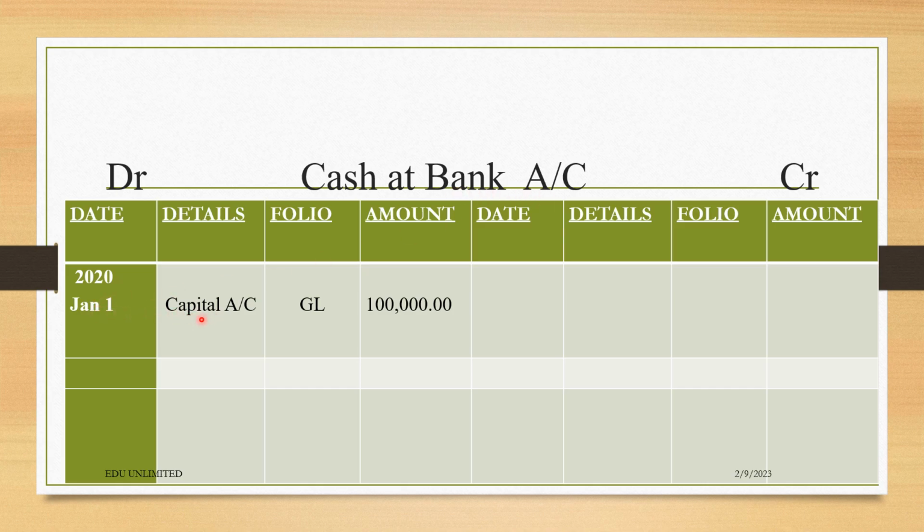On the debit side, January 1, 2020, the details would be capital account and the folio would be general ledger, because the capital account is recorded in the general ledger, and under the amount column we'll put $100,000. Here we completed the first transaction.